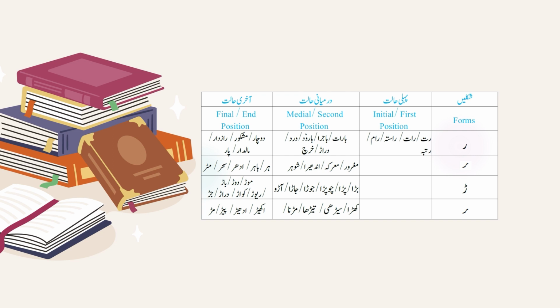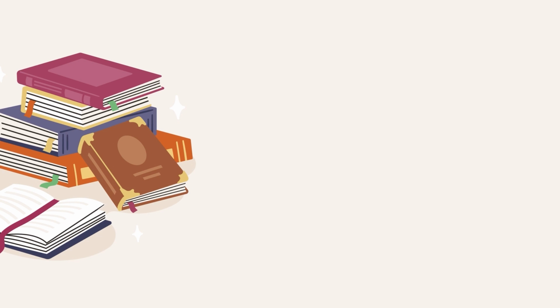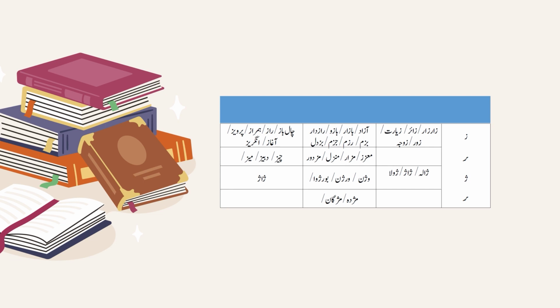So you can see this alphabet also is used with two forms, one full form and one short form, and we see that it comes both ways. But we have another alphabet here, that is Z. What is the difference between Zal and Z?